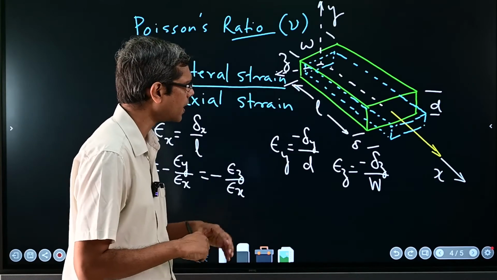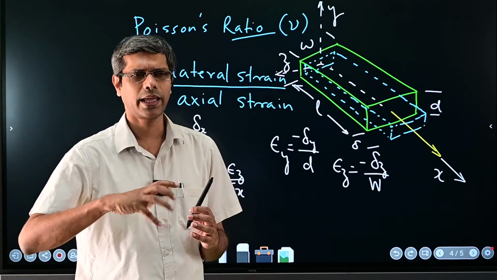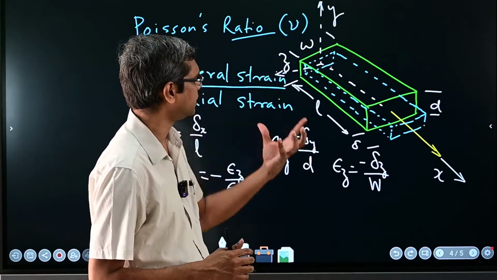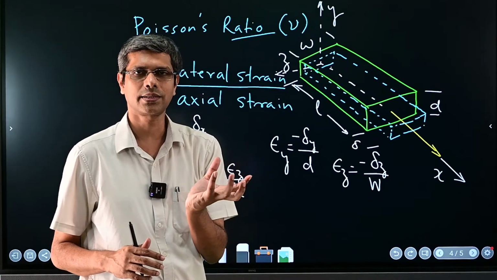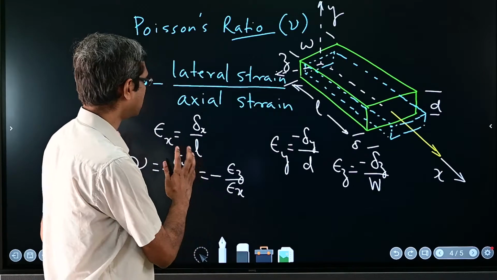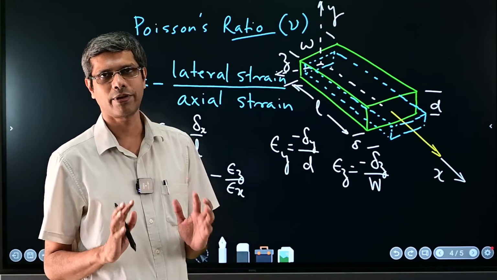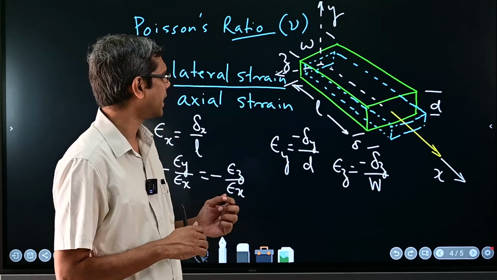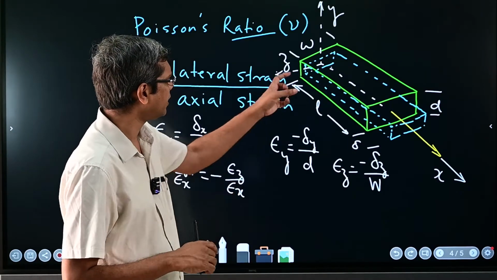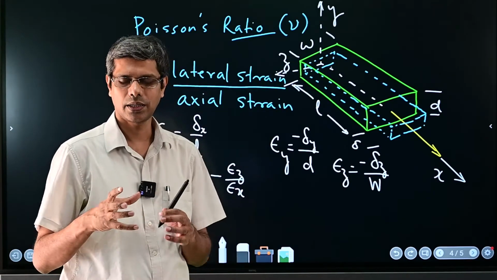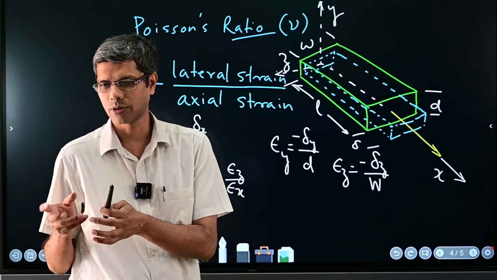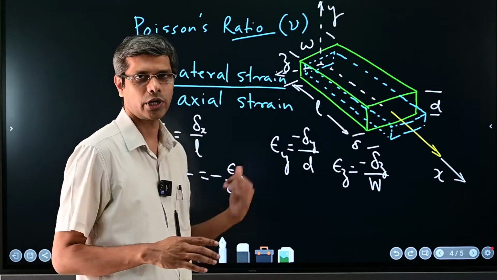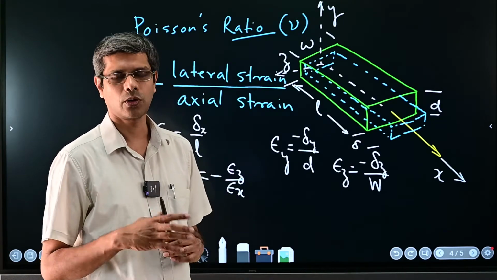Okay, and this property that any orientation you pick, for this xyz coordinate axis, these equations can be written and they will be valid, is called the isotropic property, and another property that anywhere in the material we check for their values, we will get the same values for nu, is called the homogeneous property.